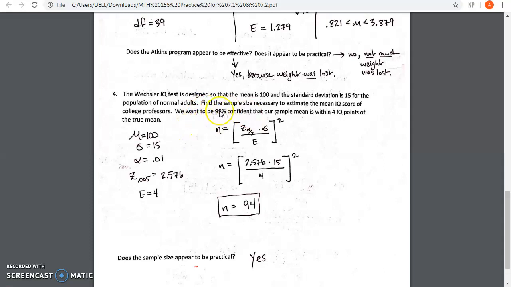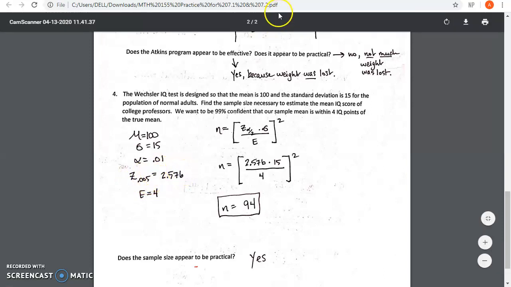That will mean that your alpha value is 1 minus 99%, which is 1%, or 0.01. So when we're looking for this critical z value, it's z sub alpha over 2. We divide the 1% in half and we get 0.005, or 0.5%. And that cut score is 2.576.